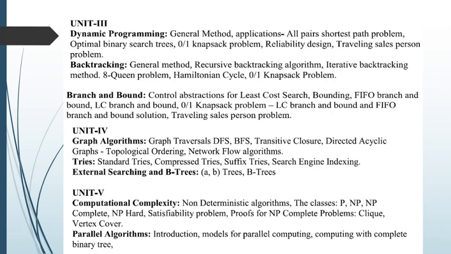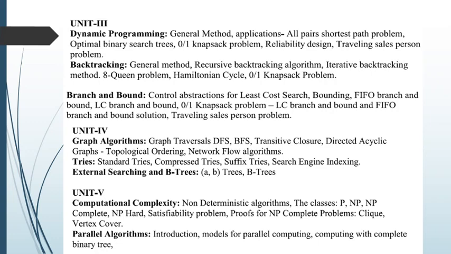And the next topic: in unit 3, we have 3 chapters. The second chapter is backtracking. In backtracking, we are going to see the general method, the recursive backtracking algorithm, and the iterative backtracking method. There is a difference between iterative and recursive. Recursive will call itself a number of times as per the requirement. Iterative is where we put it in a loop, and when the condition is false, it comes out of the loop.